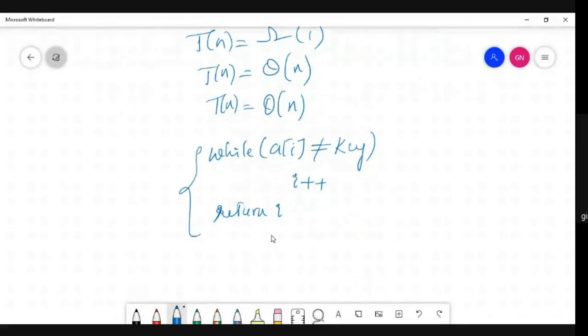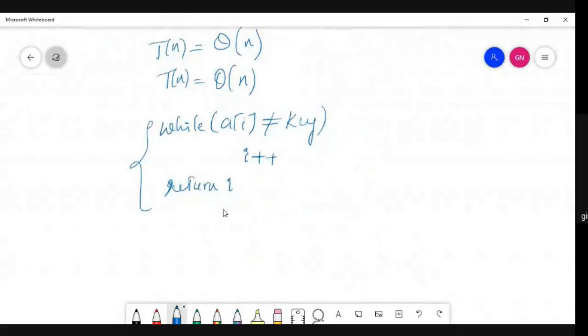And observe for how many times it has to run. It has to run till i is less than n, and I have initialized my i value as 0. If the key matches, it returns i. If not, it returns -1.